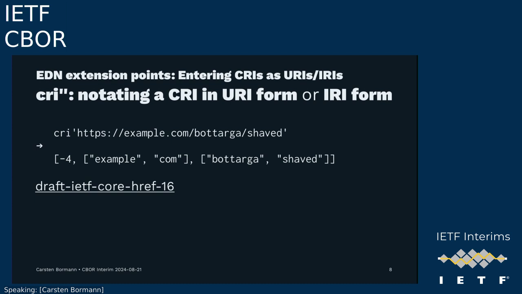Right now we do have ABNF in the document, and I'm increasingly wondering whether that's a good idea, because the definition of what a URI is is changing. And right now we again have a change. RFC 6874 is still in force, but pretty much dead. So we need to think about how to handle this.